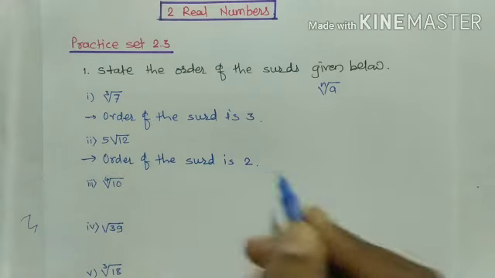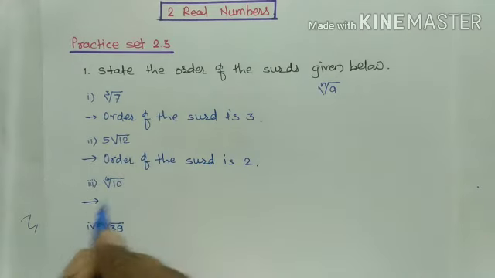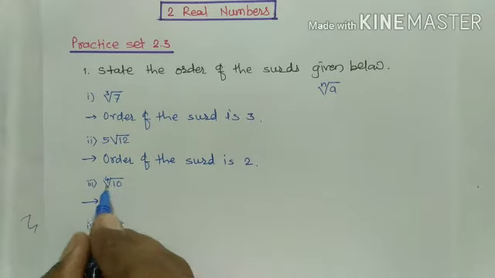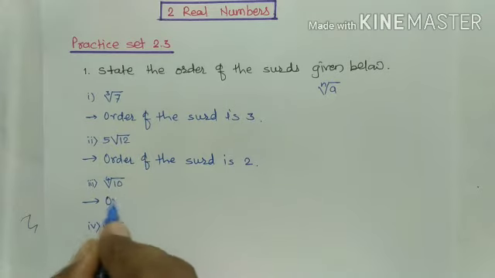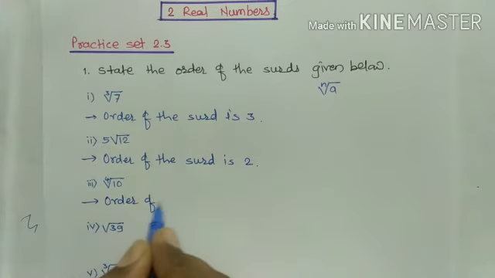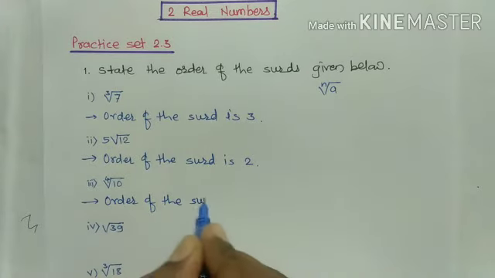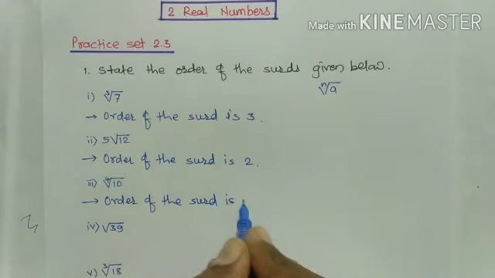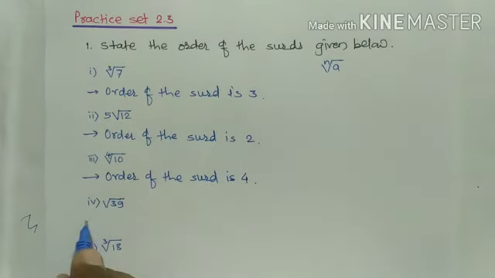is 2. Then in this surd, this is the 4th root of 10. Therefore here order of the surd is 4. So here we write order of the surd is 4. Then in this example, here this is the square root of 39. Therefore order of the surd is 2.